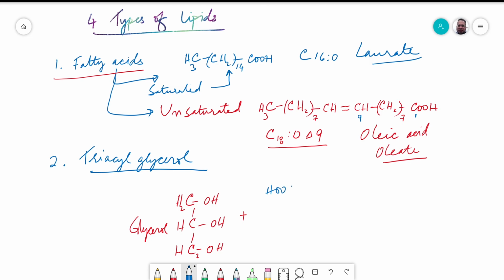So I'm going to draw CH3, so I'm going to draw C14. So this is a C16 fatty acid. I can have another one. I'll draw an unsaturated fatty acid.